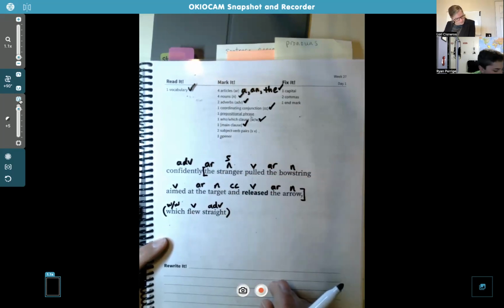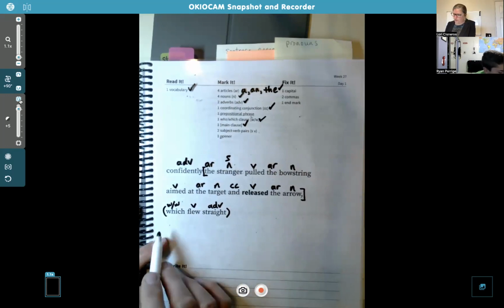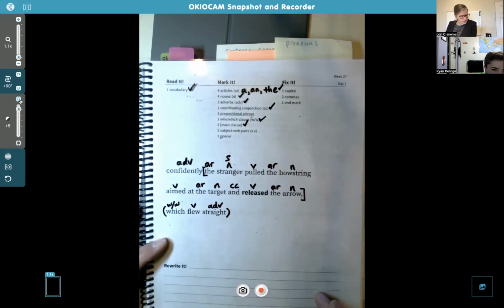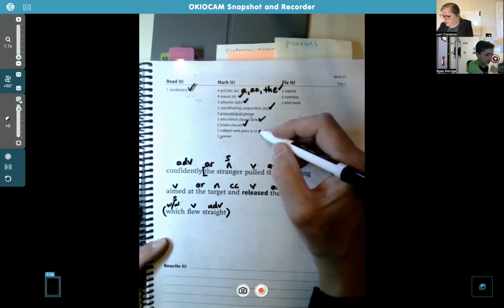Let's see. Target, we know. There's only one other, so it's going to be within the which clause. Okay, then is it which? It is which. Yep. Anytime you have a who or which clause, who or which is the subject. So that is correct. Good job.